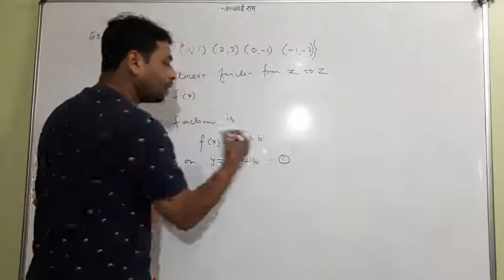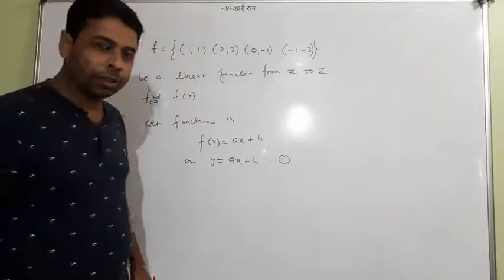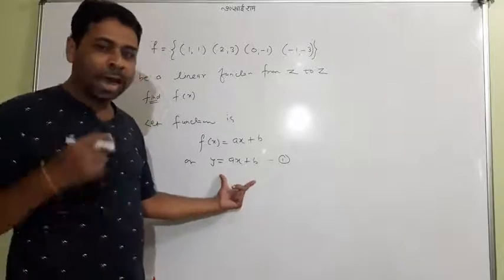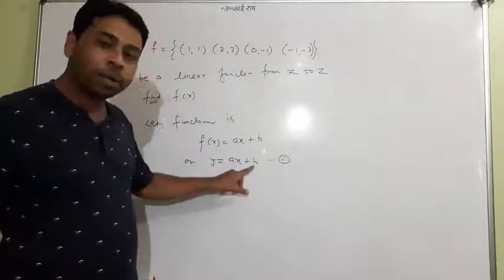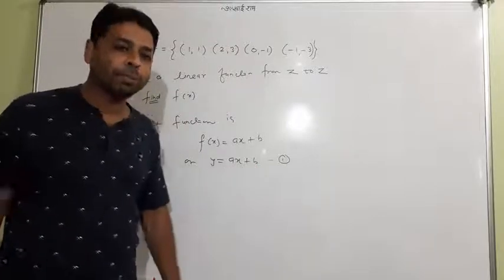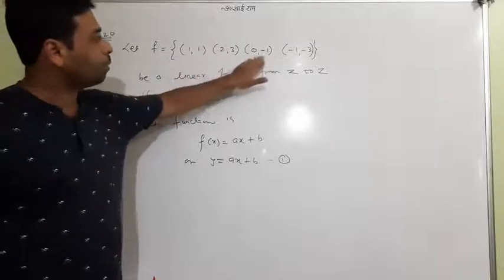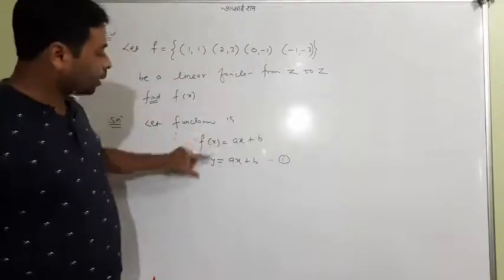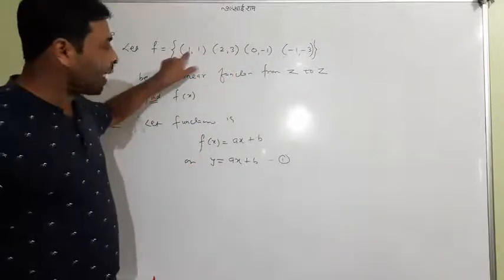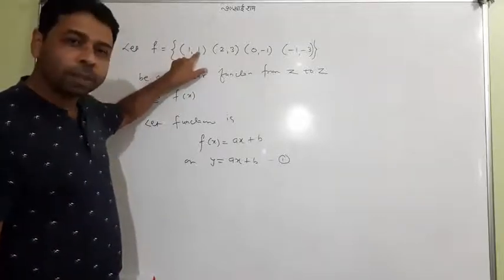Okay, now this is the function which we have to find out. Look at what is written: find the function. So what actually do we have to find out? A and b, which are unknown constants. So how can we find a and b? Look here, these are some options we are given. When you put x equal to 1, you will get the corresponding value of y as 1.